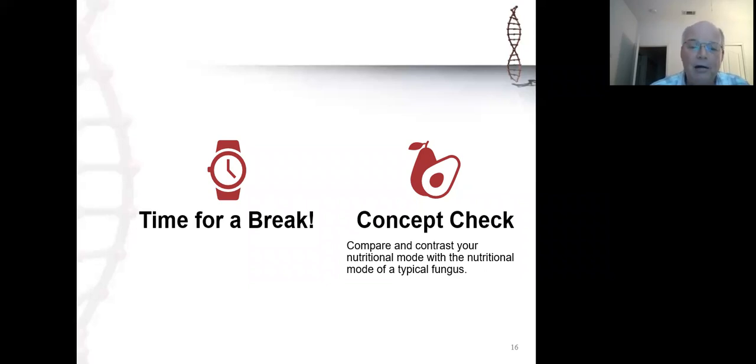Fungi, remember, are absorptive heterotrophs. They are heterotrophs just like we are, but they are absorptive heterotrophs, which means rather than ingesting large particles of food, they secrete their digestive enzymes into their environment and carry out the largest part of the breakdown of those large molecules in the environment before they are absorbed into the body of the fungus.